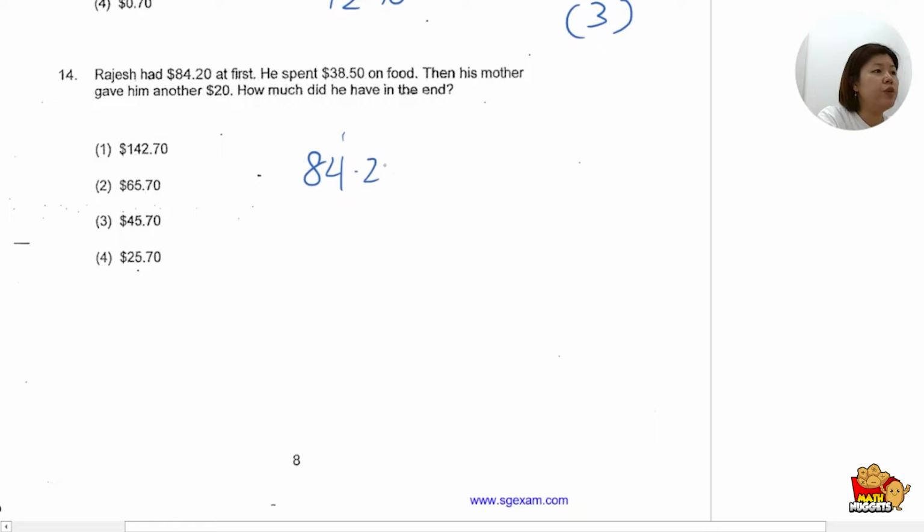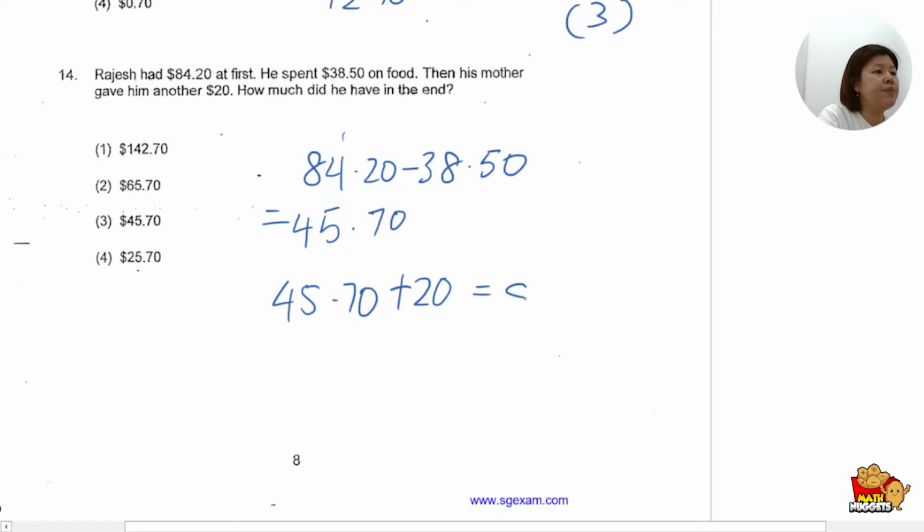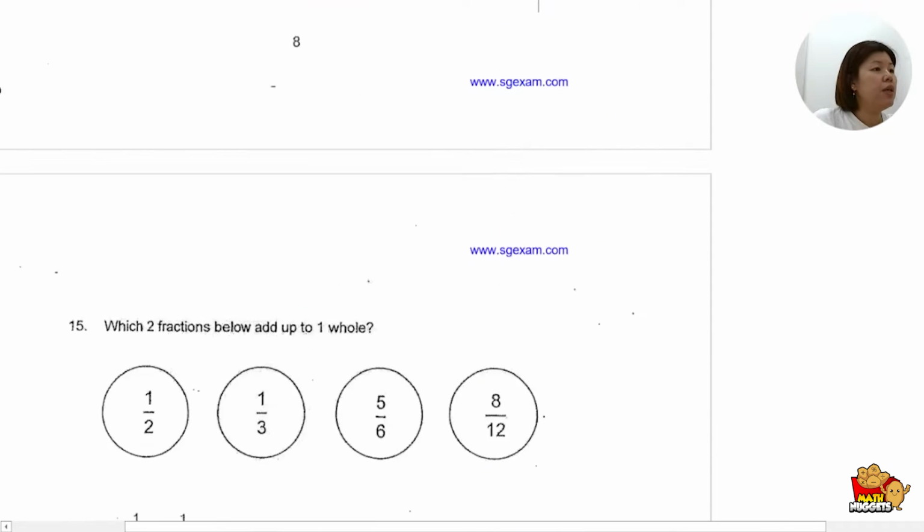So it's 84.20 minus 38.50. 45.70. So the mother gave him another $20, so we need to plus 20. He will get $65.70. Answer number 2. Let's move on.